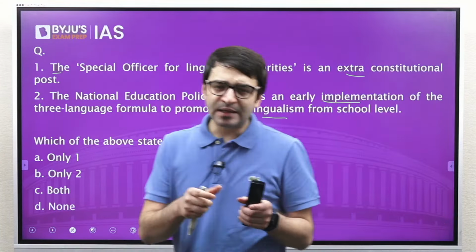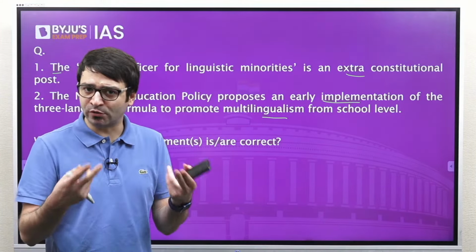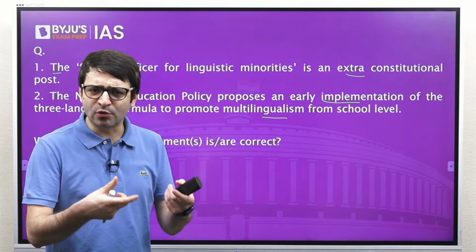In the last session on Sunday, we looked at some of the questions related to the languages because Hindi, whether it is a national language or not, there was some controversy. In fact, on national education policy, there is a meeting underway which is headed by the Prime Minister of this country, Mr. Modi, right now. So this topic becomes very, very relevant for Prelims 2022.